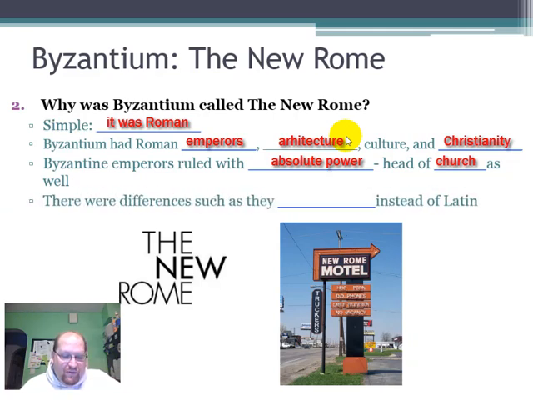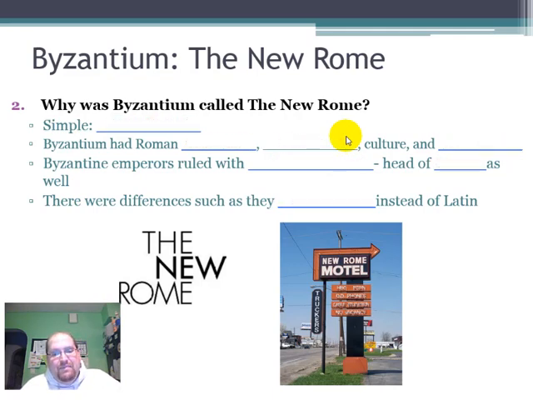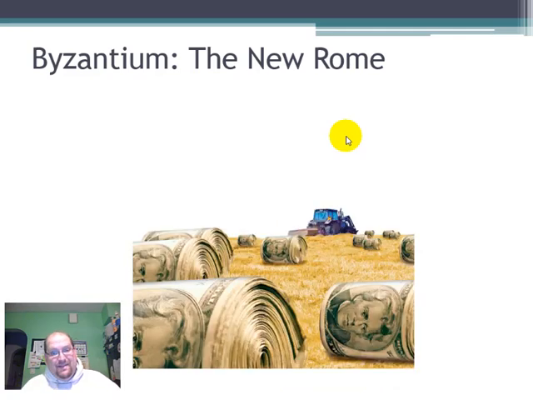There were some differences, such as they spoke Greek instead of Latin. But the Byzantines loved everything about Rome, even to the fact that after they moved from Rome to Byzantium, a lot of the buildings were made as though they were Roman buildings. They liked Roman stuff. Simple as that.